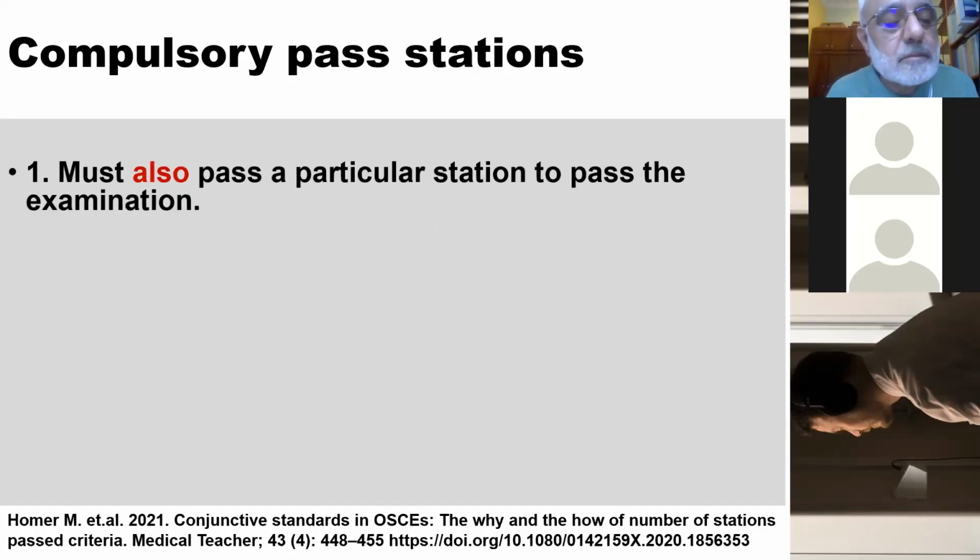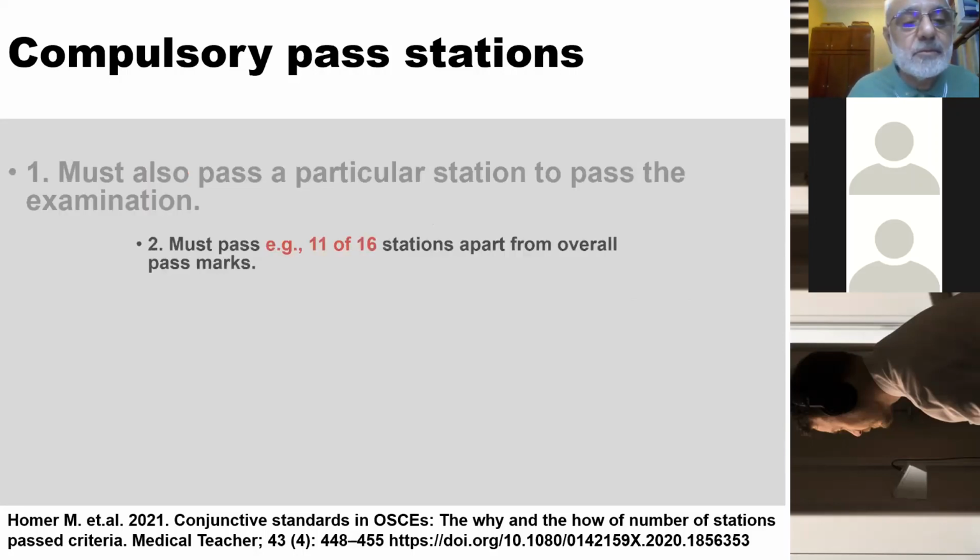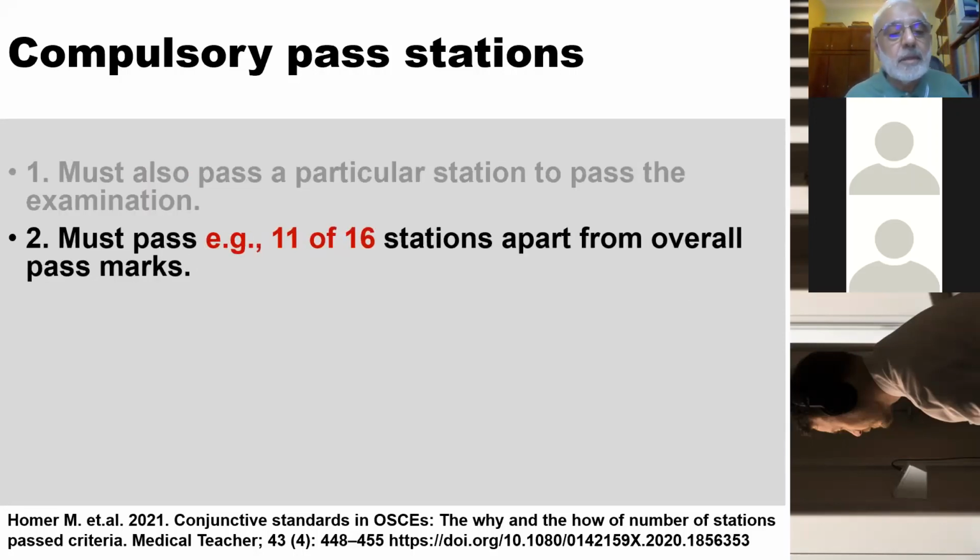So one suggestion is that students should pass overall. These are a few suggestions from the literature. The student must pass overall, but there should be some stations which they must pass. For example, with overall marks, the student must pass these 4 or 5 stations.